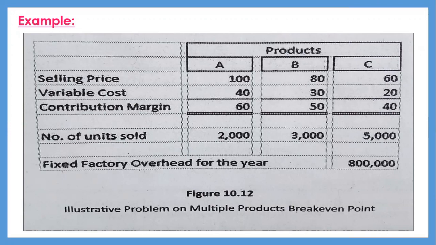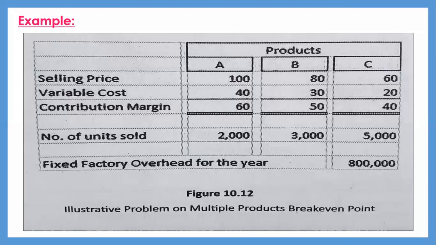And product C, that's 20. And therefore, the contribution margin for our product A would be 100 minus 40, that would be 60. For product B, that's 80 minus 30, that would be 50. And for product C, that would be 60 minus 20, that would be 40.